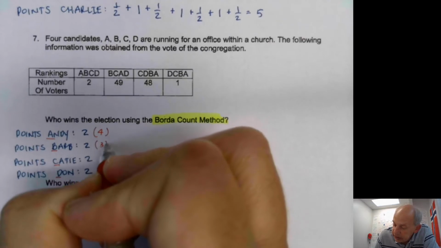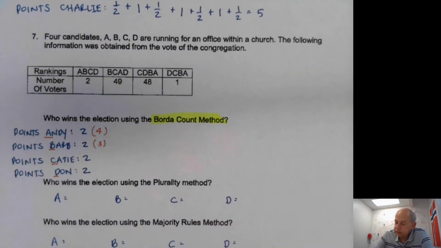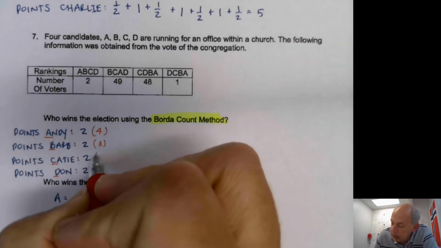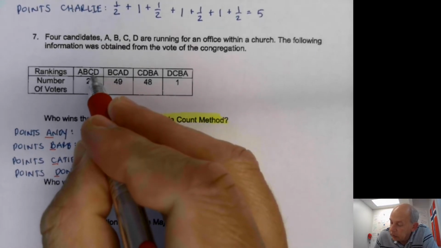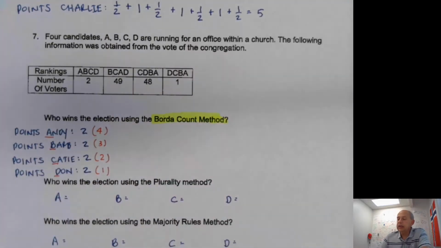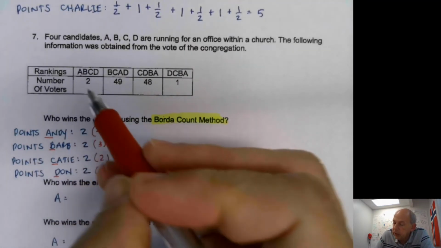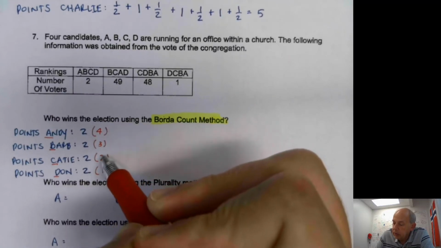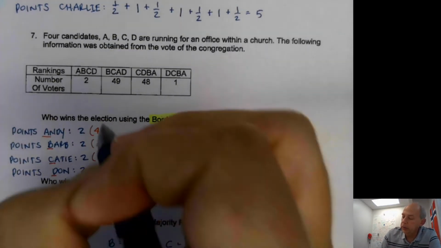Barb is in second place. She gets 3 points. Katie is in third place. She only gets 2 points for third place. And Don is in last place with 1 point. So 2 people voted Andy, Barb, Katie, and Don in that order.